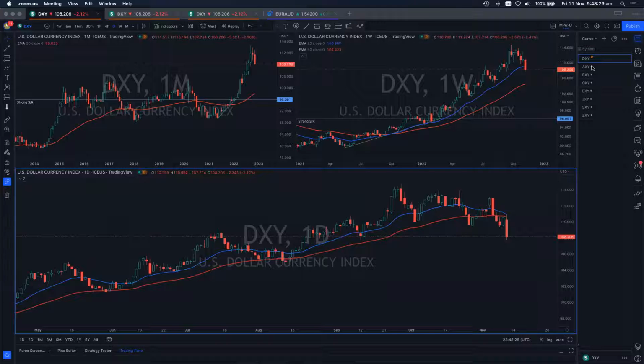Now, one thing to point out is the other indexes for all the other currencies are obviously very dollar weighted. Let's look at the DXY first. We see on the daily it's been an uptrend for a long time, like the weekly and the monthly, very strong, and that's sort of rolling over a bit.